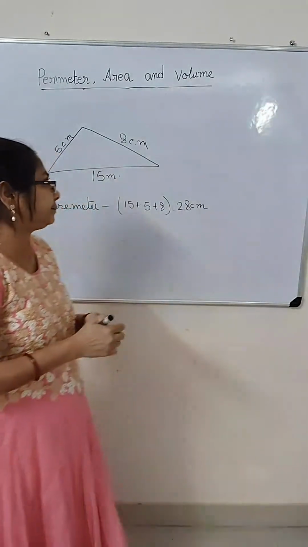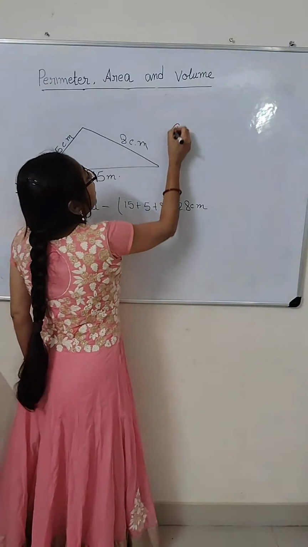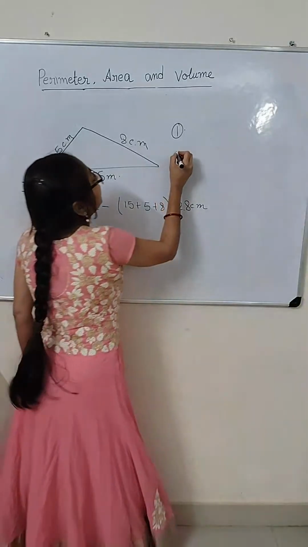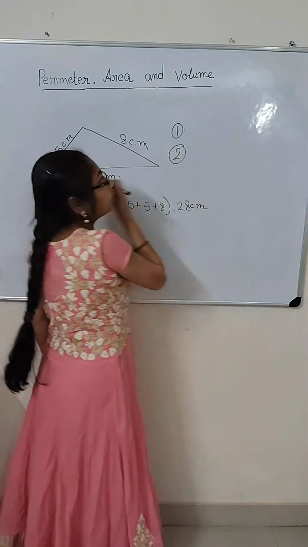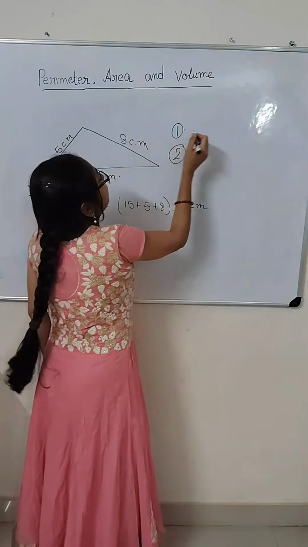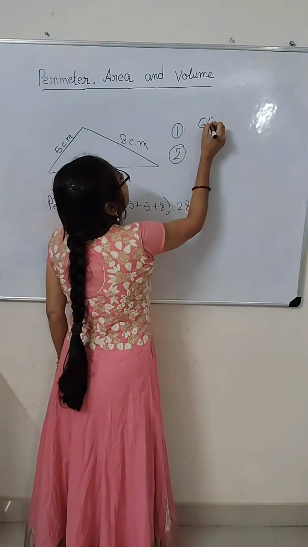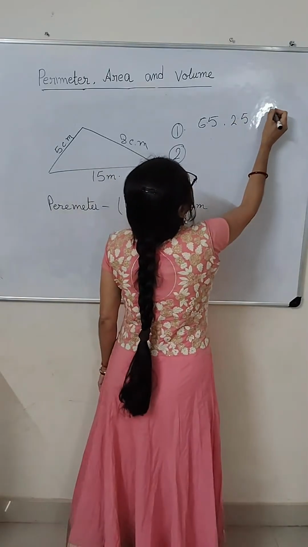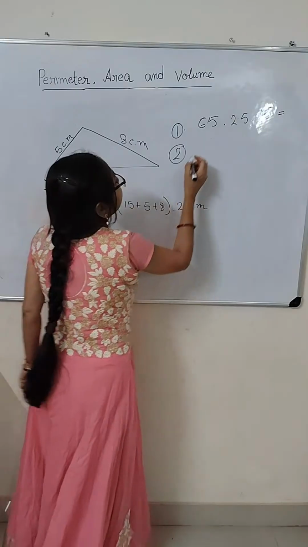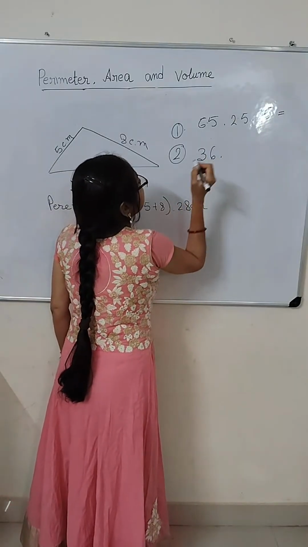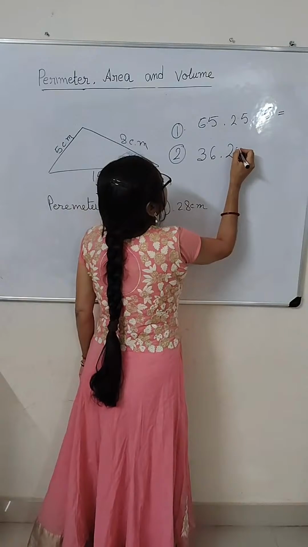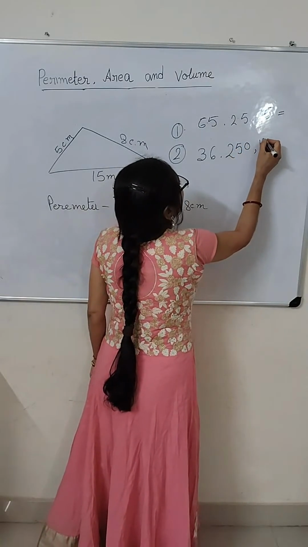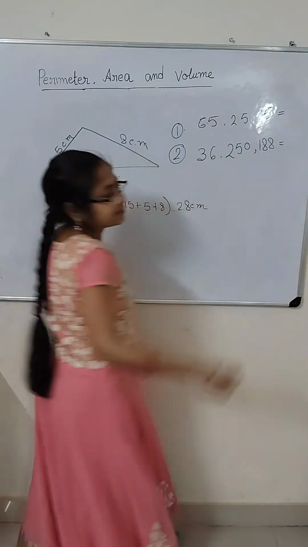Now it is quiz time. I give two options. You please complete it and whoever writes the name, I shout that name. Next, another triangle. 6.5, 2.5, 15. Find out the result. 36, 250, 188. Find out the answer.